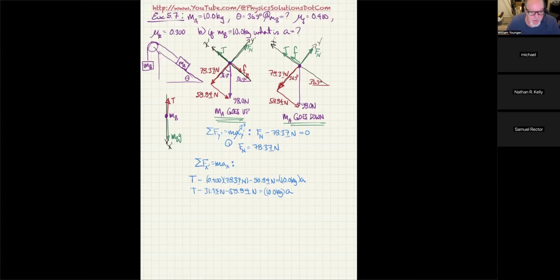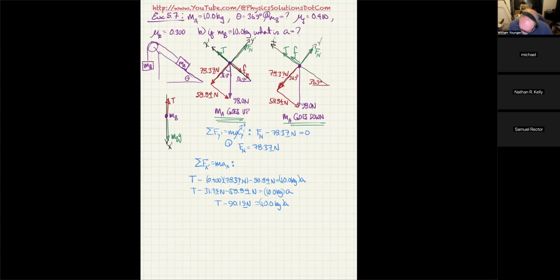Okay, so now I want to combine the friction force and the 58.84 newtons. So 31.35 plus 58.84 gives me 90.19. So I'm going to say T minus 90.19 newtons is equal to 10.0 kilograms times a, like that.